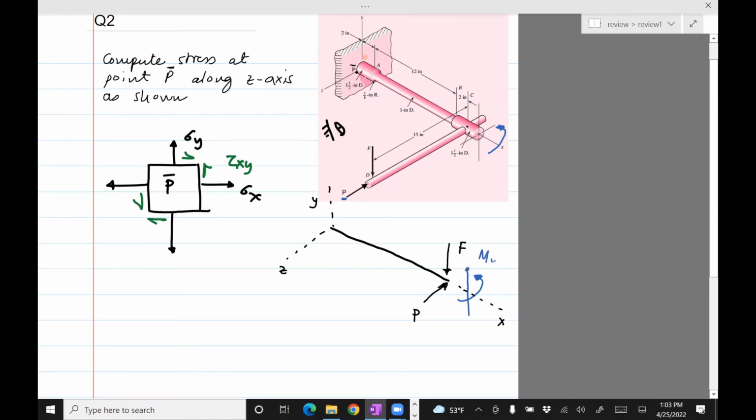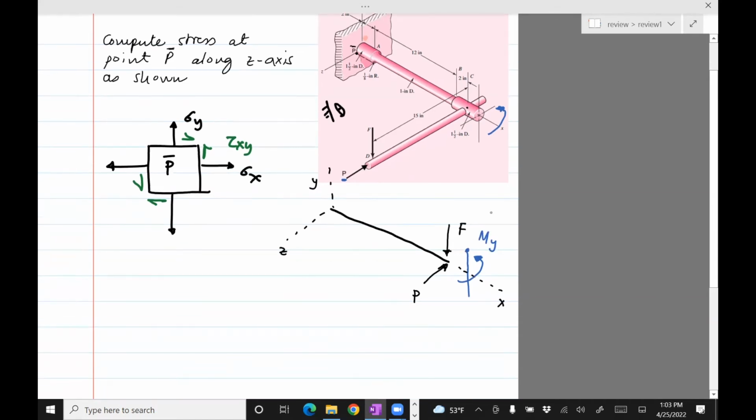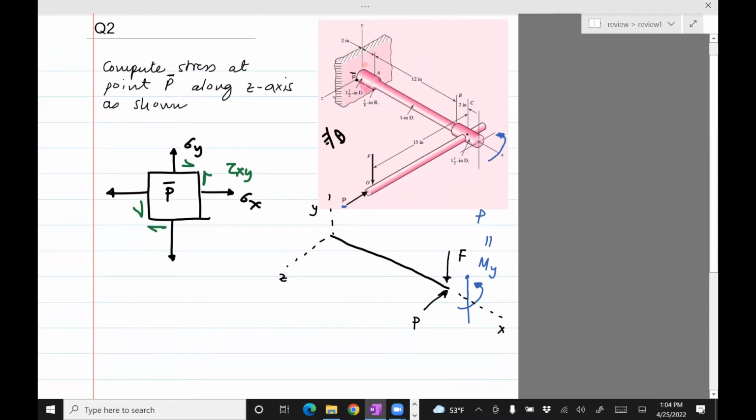So this is a moment in the y direction, and its value is going to be P times the moment arm. The moment arm is the distance from Z all the way to P, and you can see that it is 12 plus 2 plus 2, so 16.